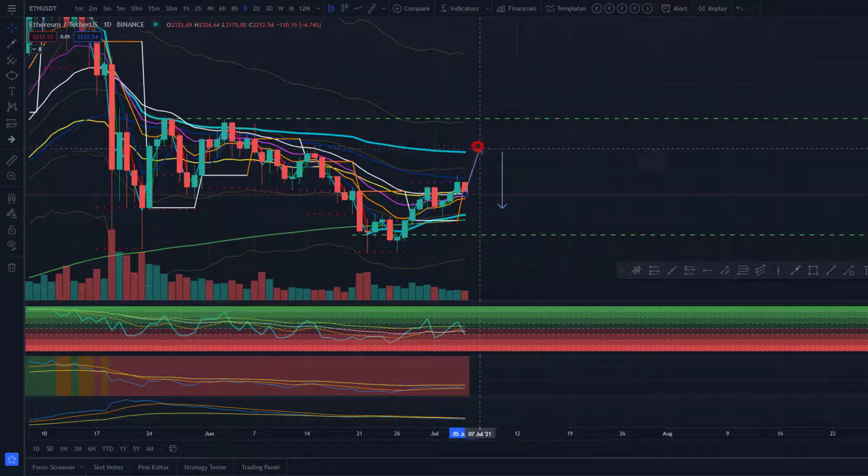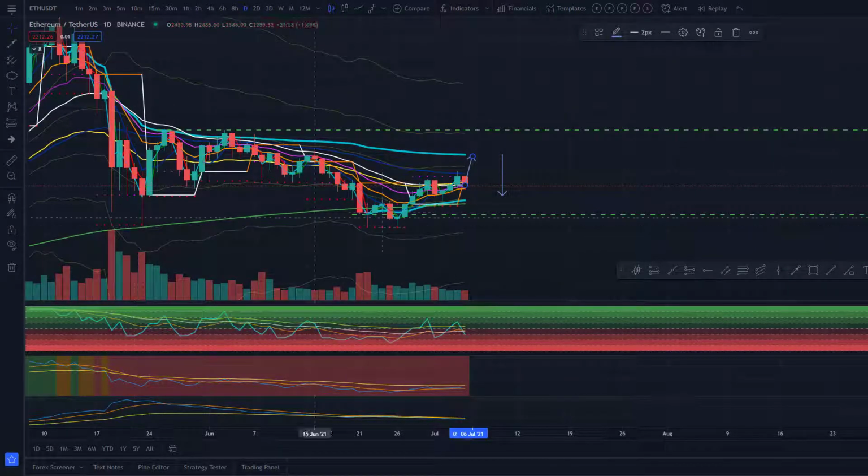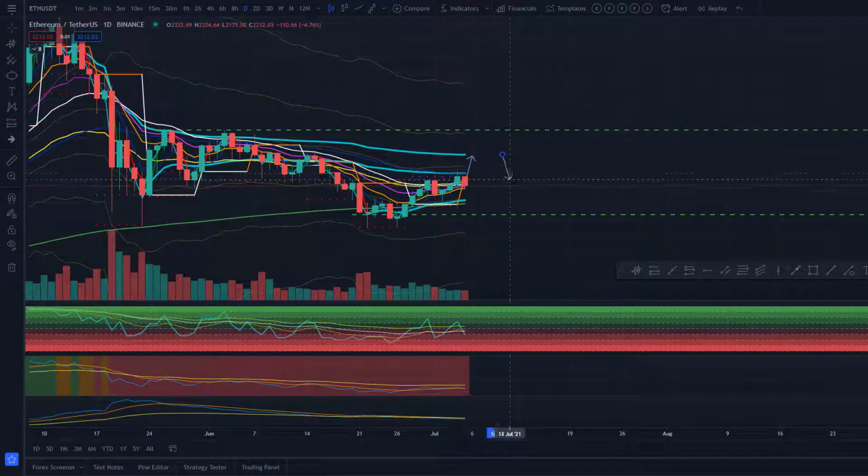So if we bounce between these two anchored VWAPs from the high and the recent low, I can almost guarantee if I take this low, it's going to probably align right here. I can't guarantee it, but let's do it. Yeah, it aligns right where it's at. That's right where it rejected. So this anchored VWAP here is right in the middle.